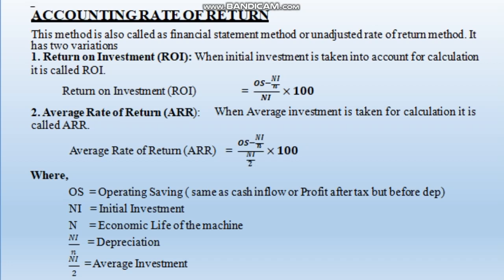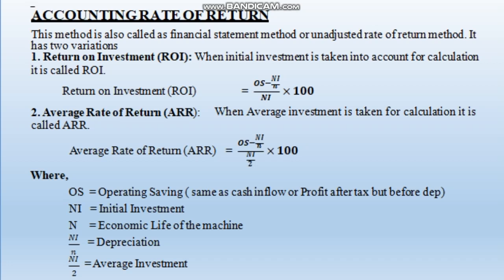It is calculated using the formula (OS minus NI by N) divided by NI by 2 into 100. Here OS is the same as in return on investment. It is the operating saving.